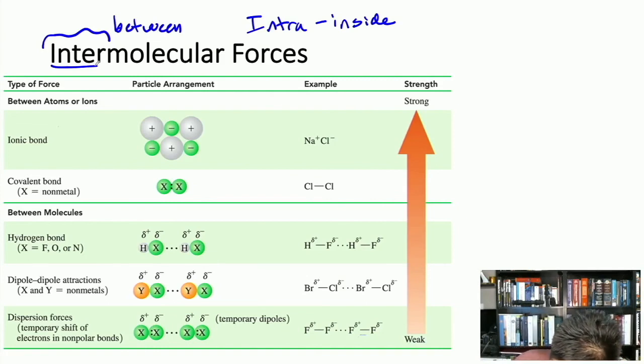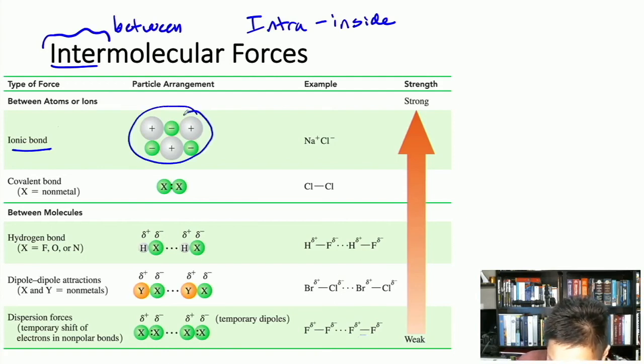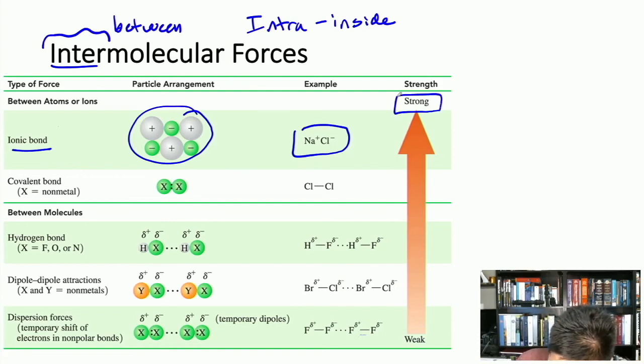In ionic bonds, of course, we've already talked about this before. Just a quick little review. Those aren't really intermolecular forces, but the forces of attraction happen in their arrangement, such as that, right? The example is sodium chloride, and the strength of an ionic bond is actually very, very strong. Same with a covalent bond here.